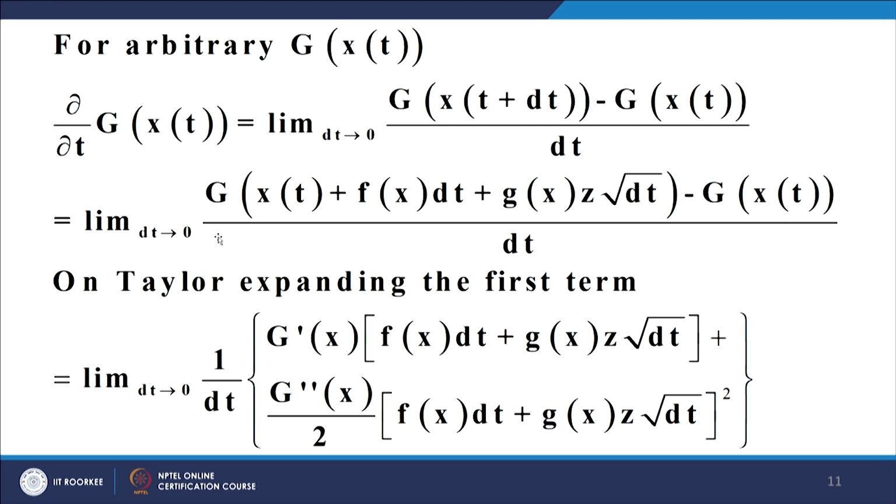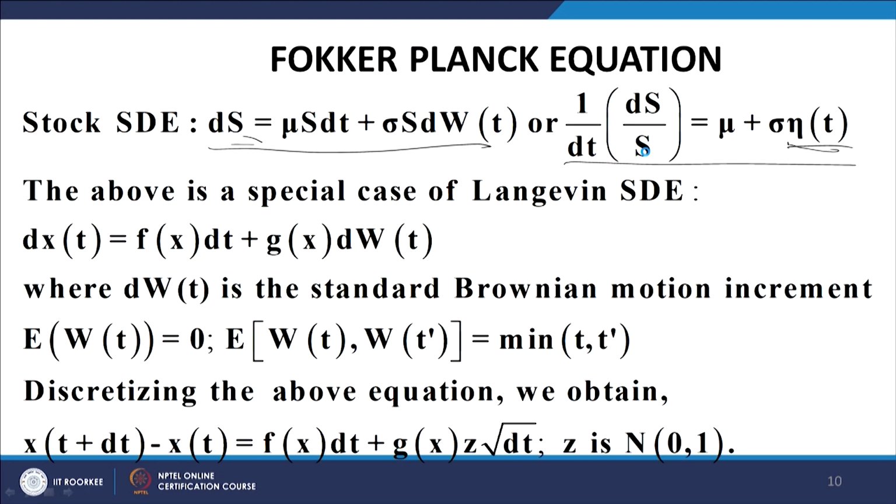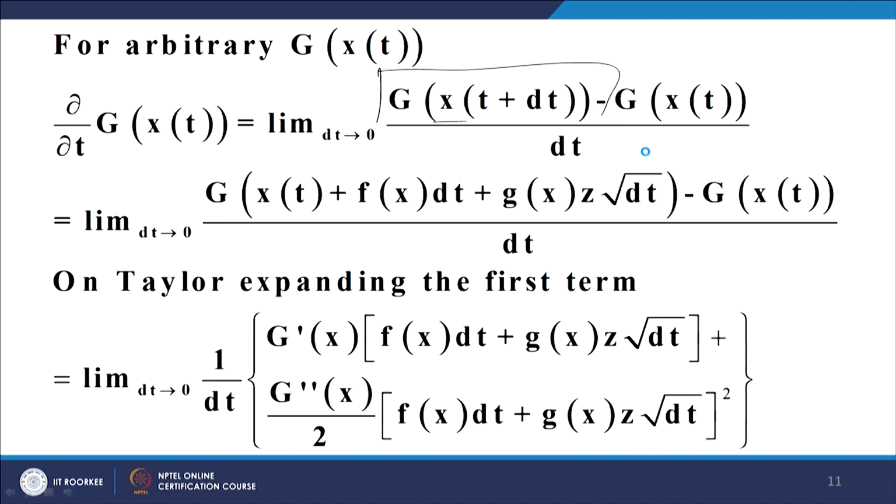Now we take any arbitrary function g of x_t and write the first derivative with respect to time as a limit, using the standard definition of the derivative. Before doing the Taylor expansion, we write x_{t+dt} equal to x_t plus f(x) dt plus g(x) z root dt, and we substitute this value here.